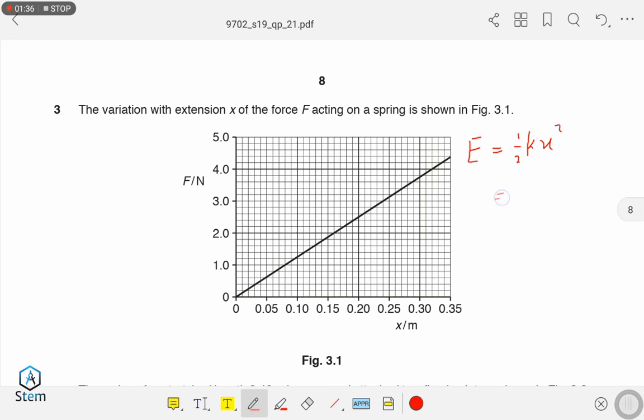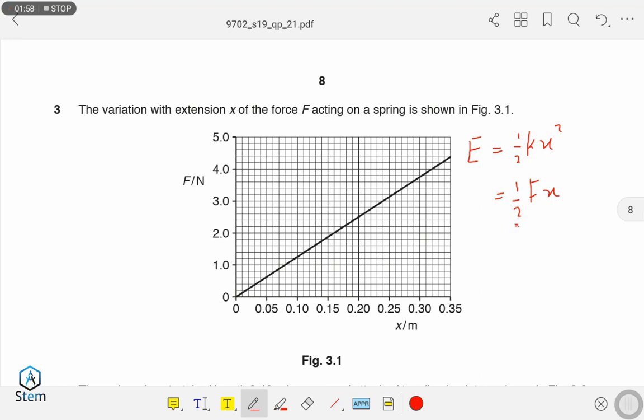We can also use the equation 1 over 2 F x, where F is the average force, that is maximum force minus minimum force divided by 2. We have already divided by 2 by the introduction of the half there.